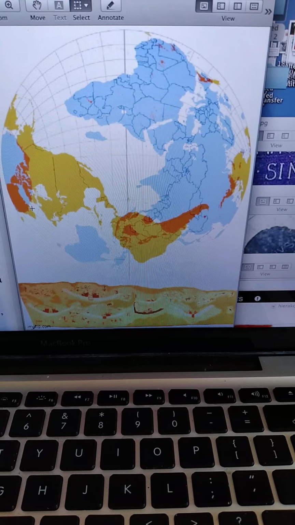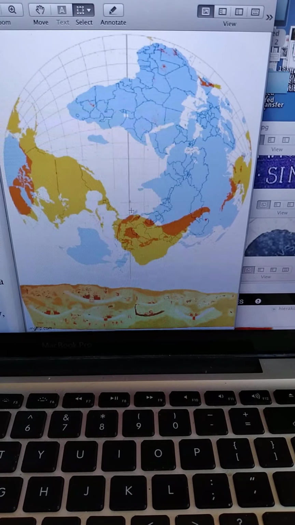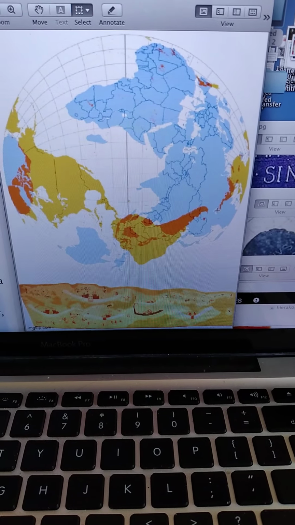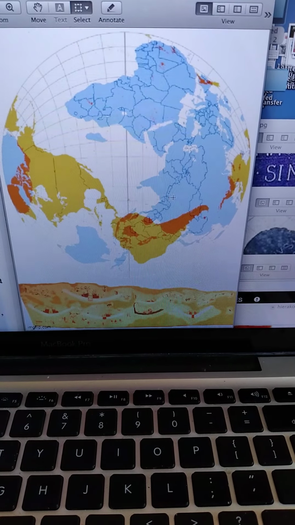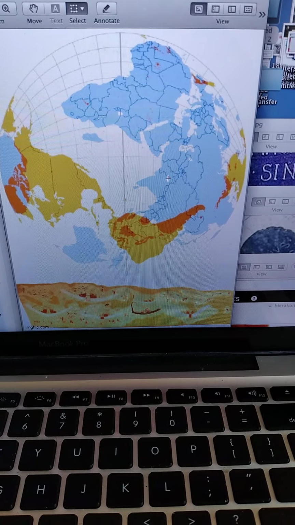So in a way, it's ironic that it's only these small peninsulas that are antipodal to land, and not much of these large land masses are.